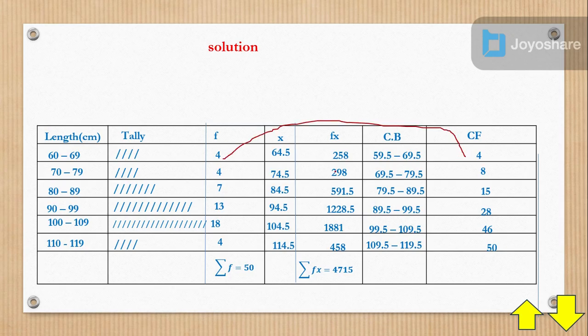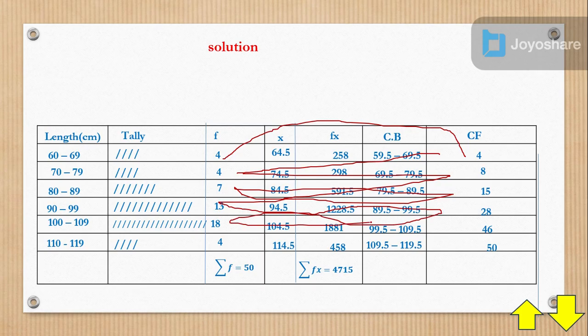Then this 4 plus 4 will give you 8. This 8 plus 7 will give you 15. The 15 plus 13 will give you 28. That plus 18 will give you 46. 46 plus 4 will give you 50. As simple as that.